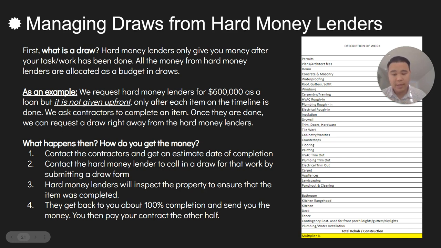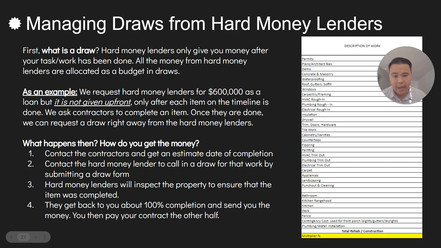So give me a date of completion, because I'm going to call in a draw one day before you tell me that you're going to be completed, because the bank needs 24 hours before they can send out an inspector. So you want to time it correctly.